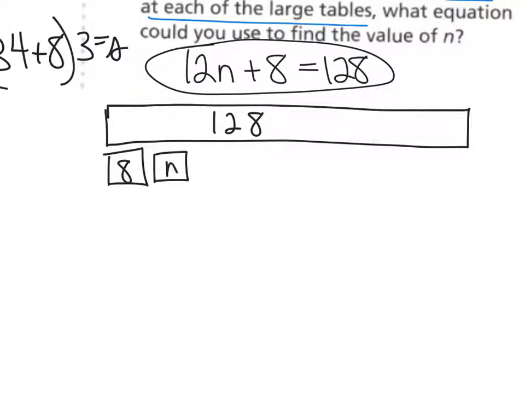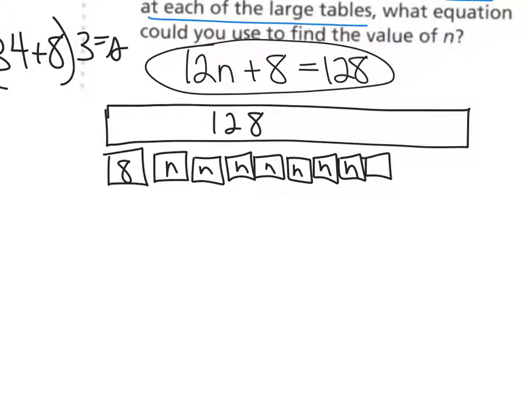Then we've got 12 other tables, and each of them has n people at it. That's maybe a visualization that can help you to come up with that equation.